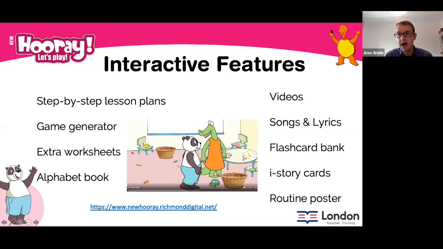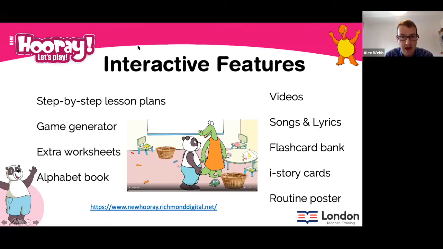We've got videos with songs and lyrics, as well as stories. There is a flashcard bank where you can find all of the flashcards that come with the course, as well as the iStory cards. And something that I really like as well is the routine poster. We'll have a detailed look at all of these things now.